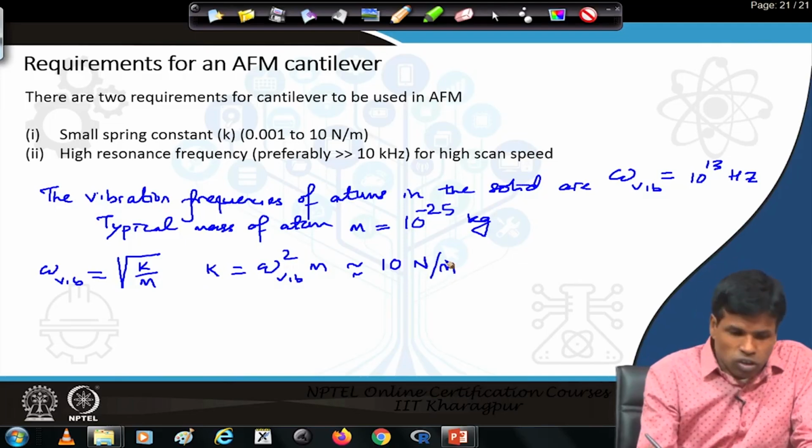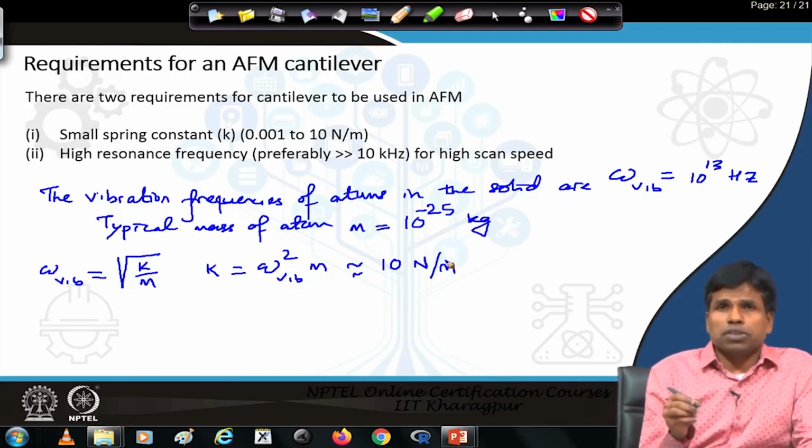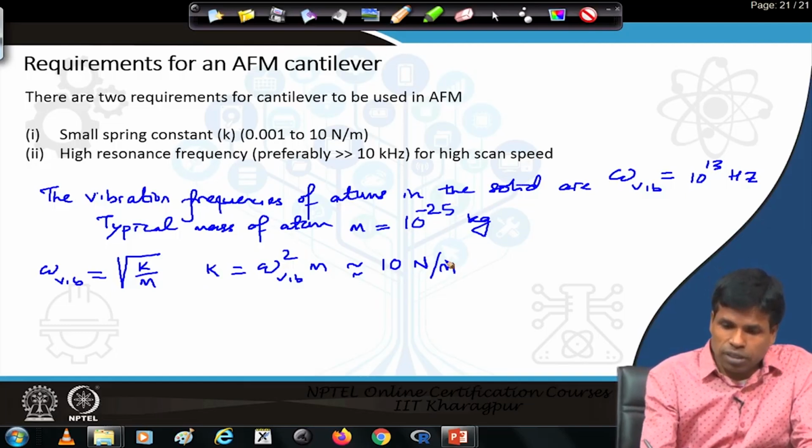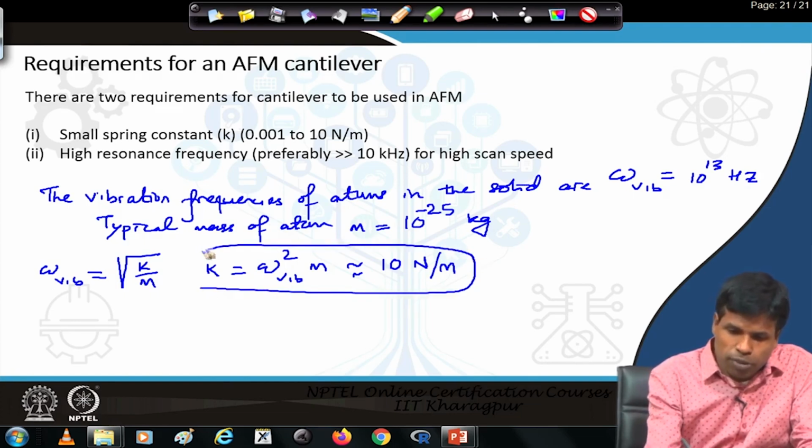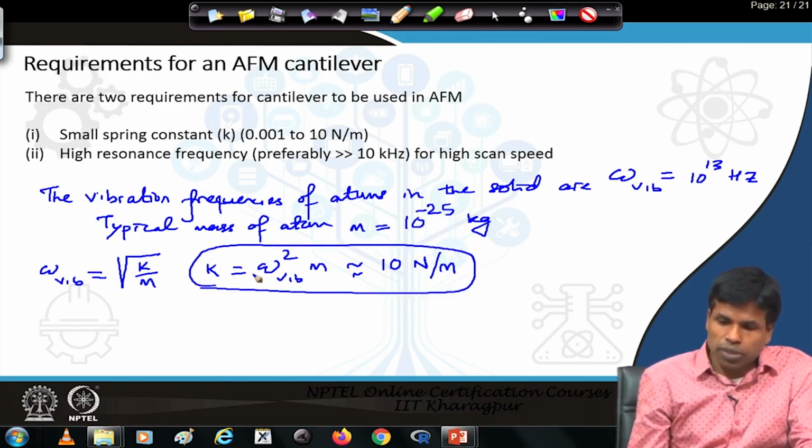So, the force constant between the atoms in a solid, that means the spring constant k value, is in the range of approximately 10 Newton per meter.